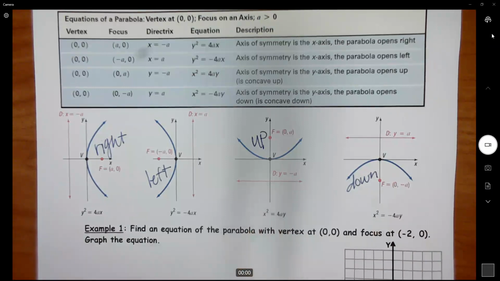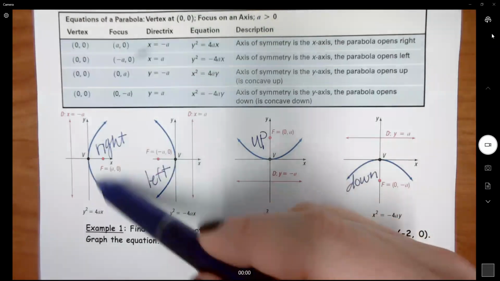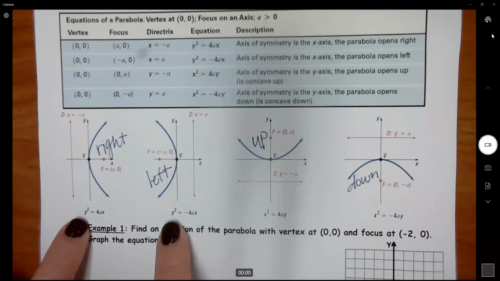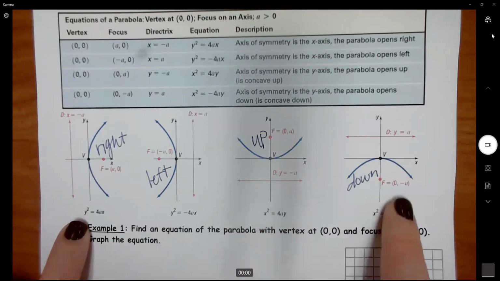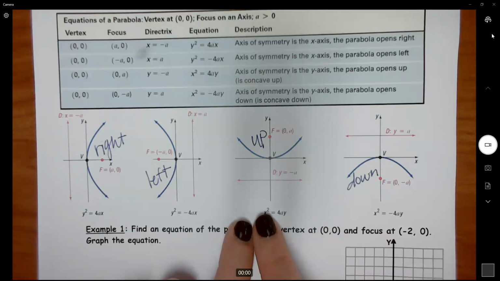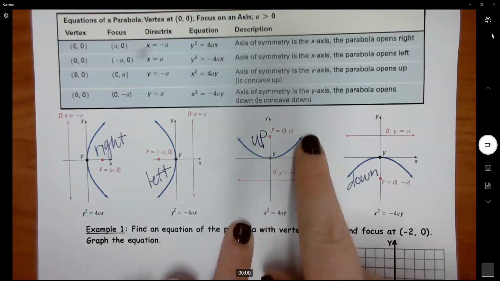So how do you tell from the equation if it's opening up, down, left, or right? When it is opening to the left or to the right, those are your y squareds. And when it is opening up or down, those are your x squareds. We're used to x squared, right? y equals x squared is this right here.